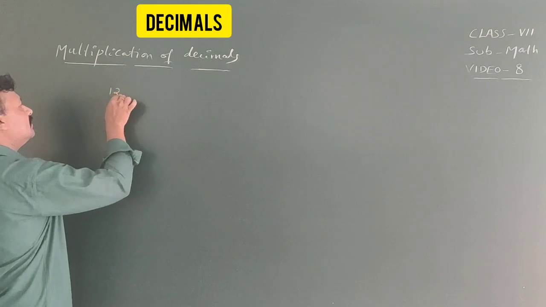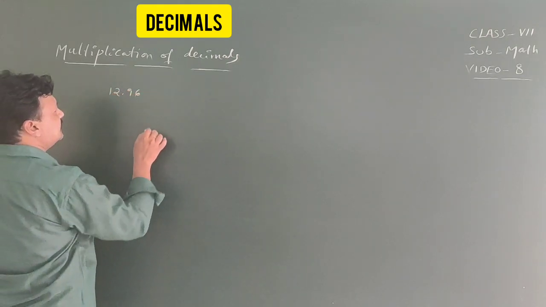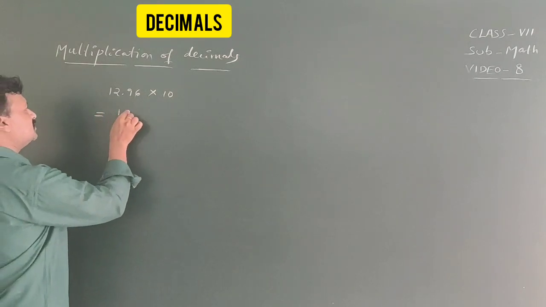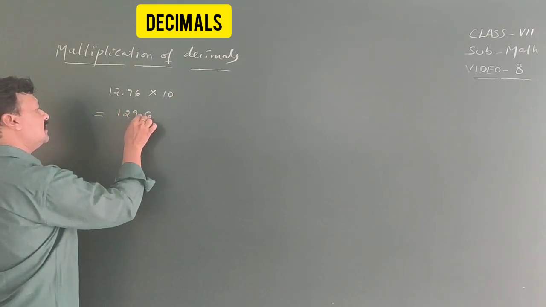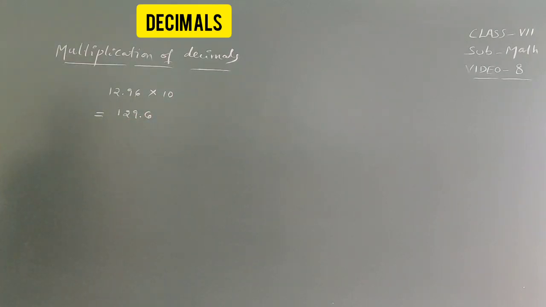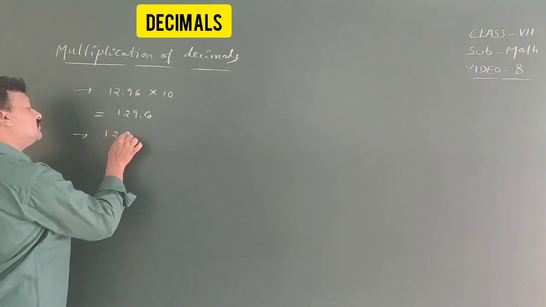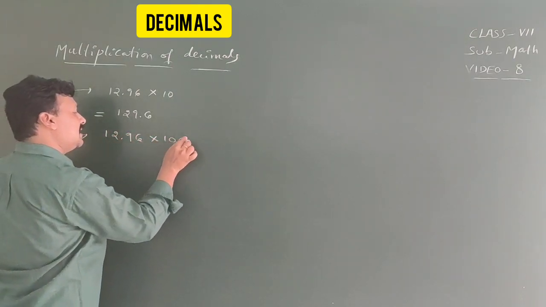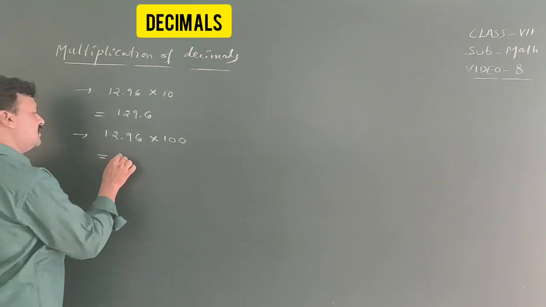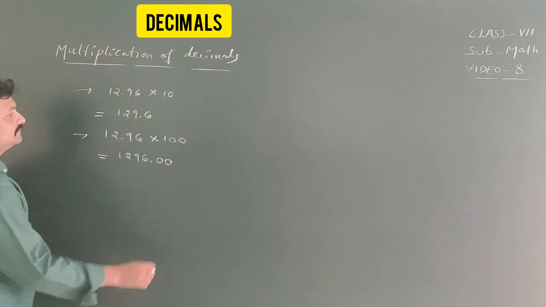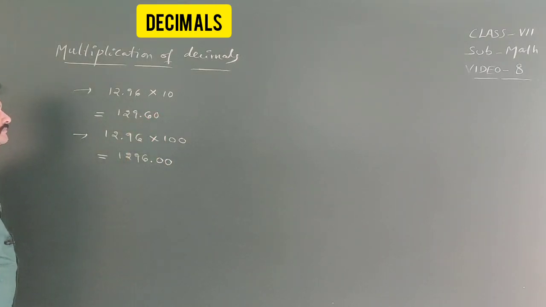For example, 12.96 multiplied by 10 becomes 129.6. If 12.96 is multiplied by 100, the decimal point is shifted two places. If it is multiplied by 1000, shifted three places.